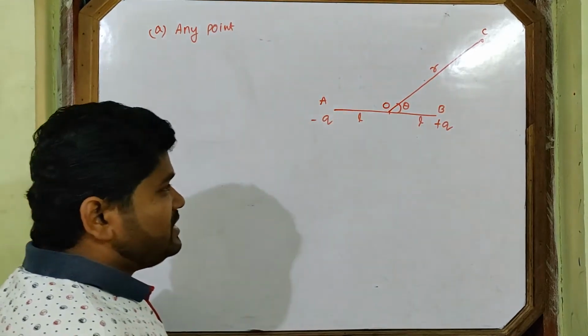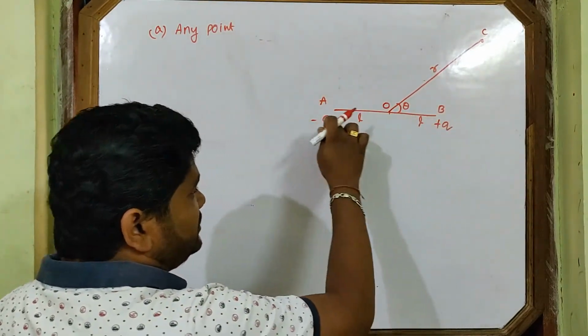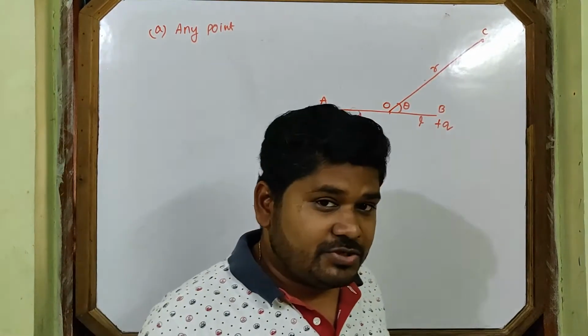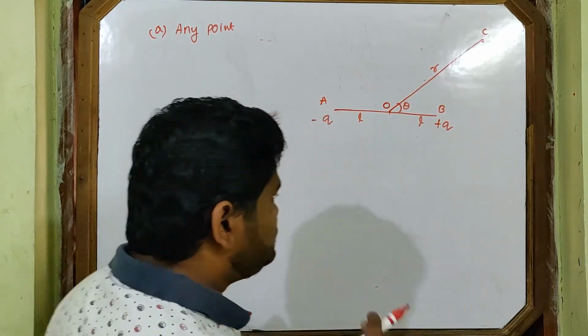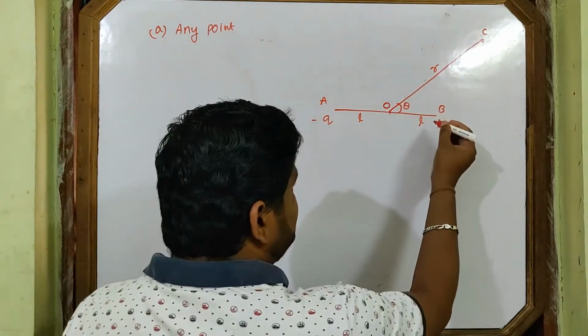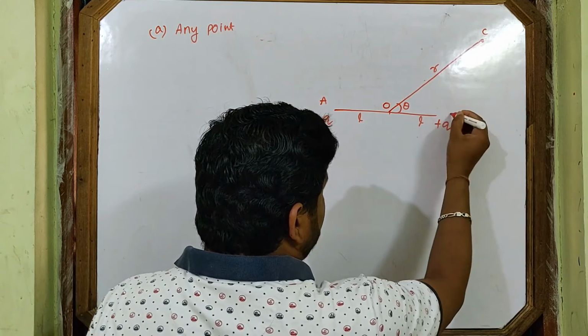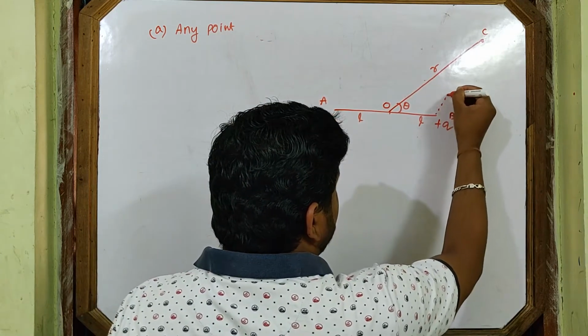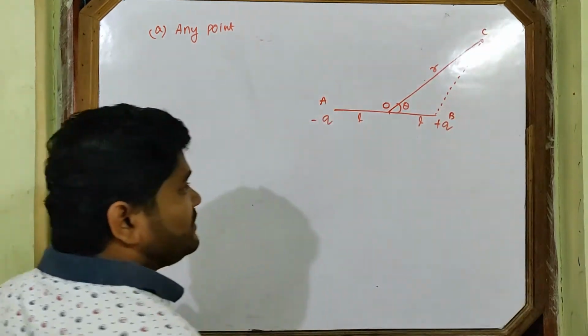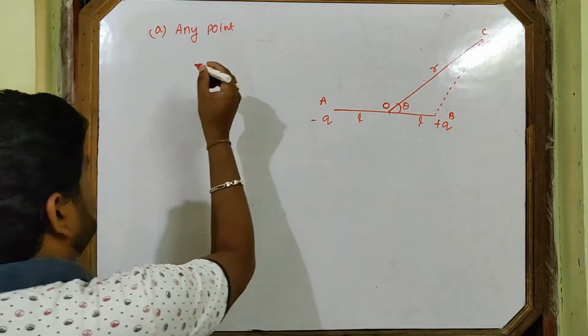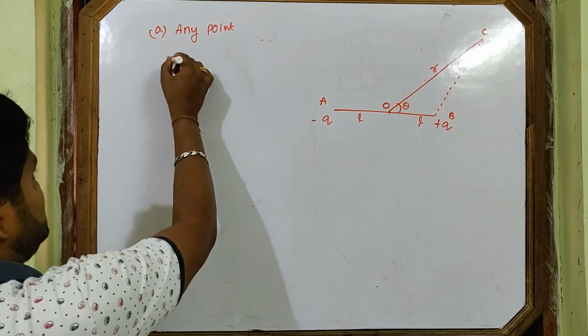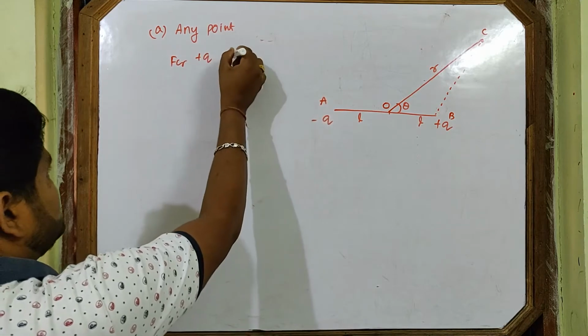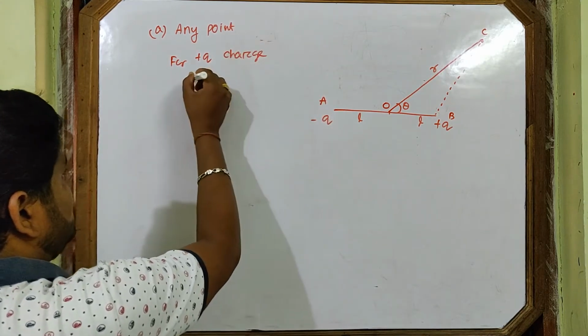So how will we find the potential at that point? We will find it for plus Q, then we will find it for minus Q, then we will add them. Okay, now see, for plus Q I am going to do. This is point B. For plus Q, this is the distance BC. For plus Q charge, what is the potential here?